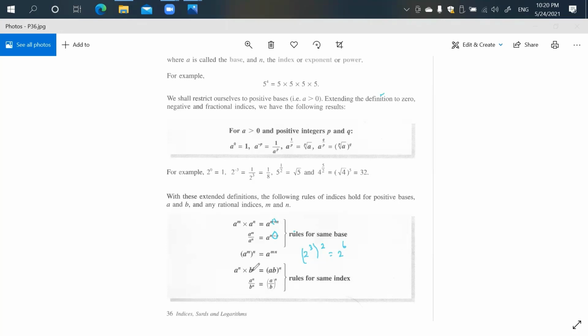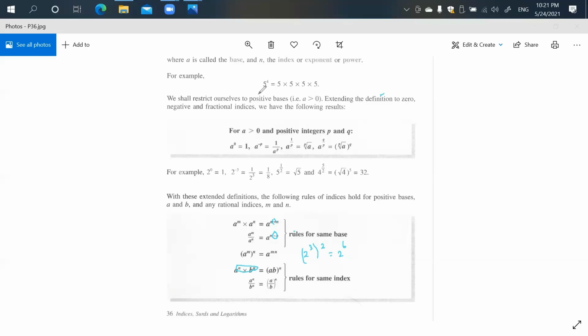And this one is a different base, a and b, but you see the index is the same, right? So you can combine the base and then the whole thing power n because of the same index. Division is also the same thing, in division pattern. You combine the whole thing, and the power becomes n.